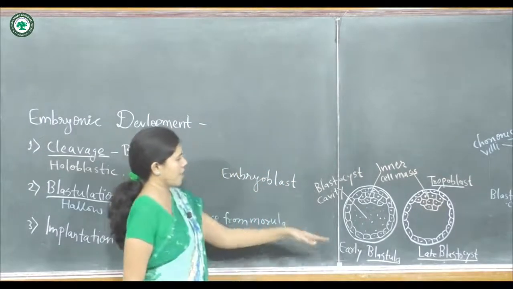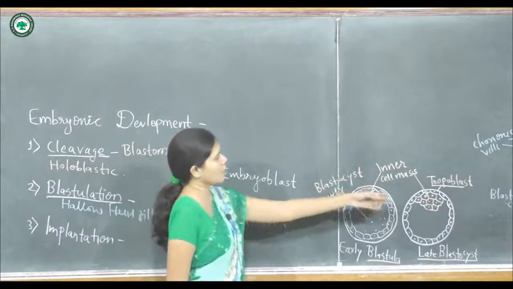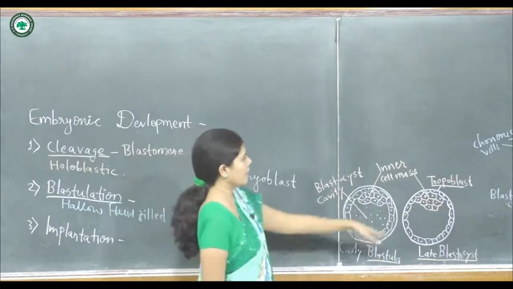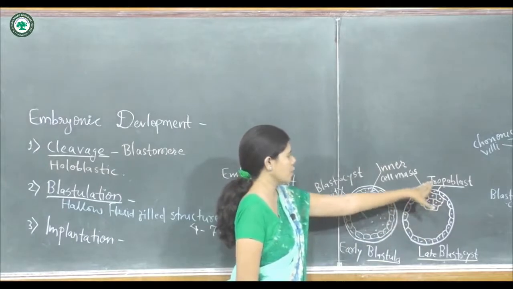This inner cell mass is known as the embryoblast, and the outermost covering of flattened radial cells is known as the trophoblast.